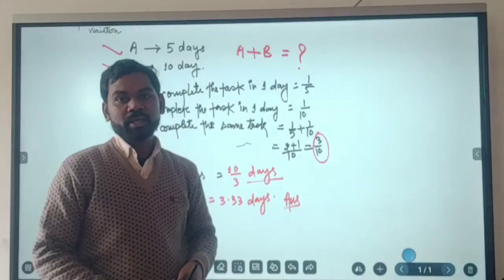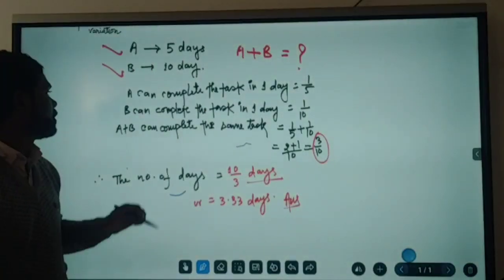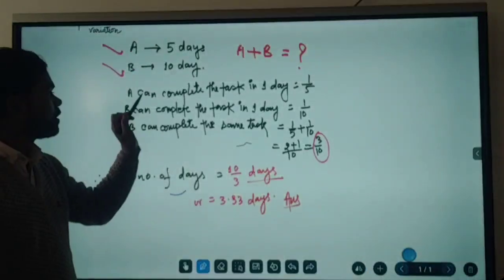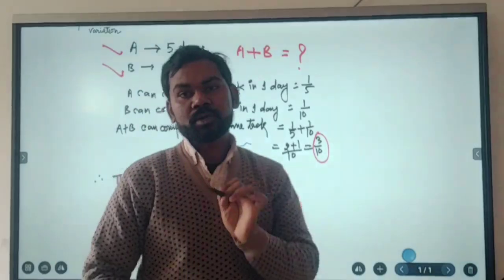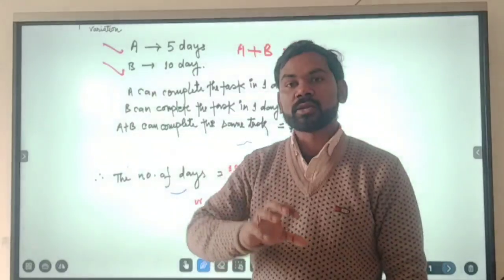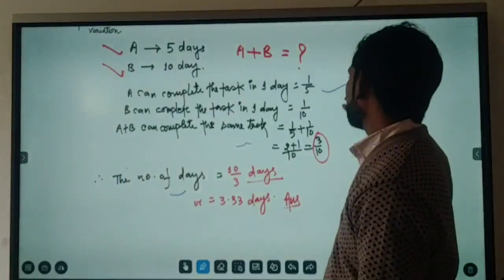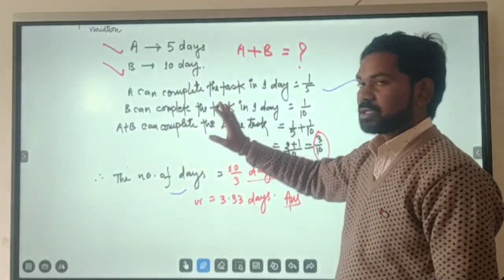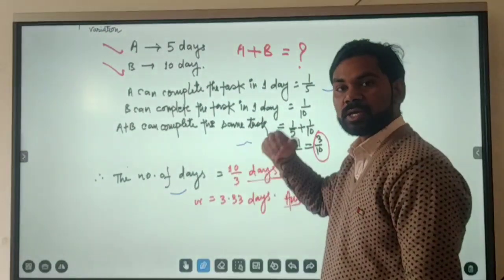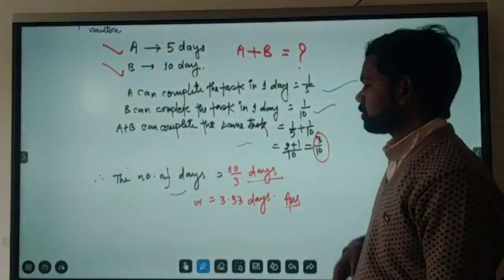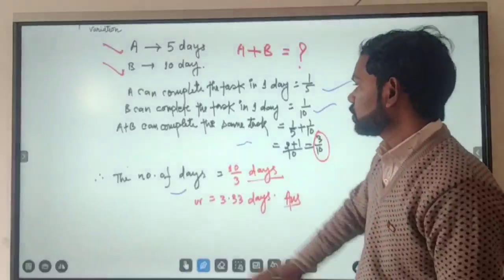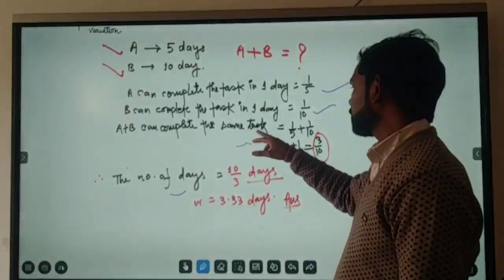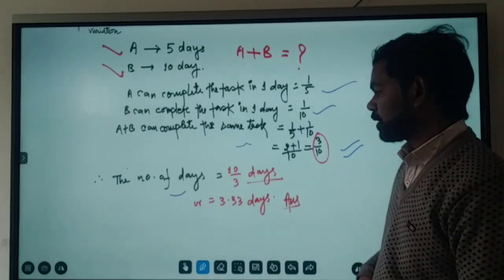If A can complete the job in 5 days, then the fraction of task completed by A in 1 day is 1 by 5. And if B can complete the job in 10 days, the fraction completed by B in 1 day is 1 by 10. So A and B can complete the same task in 1 day equal to 3 by 10.